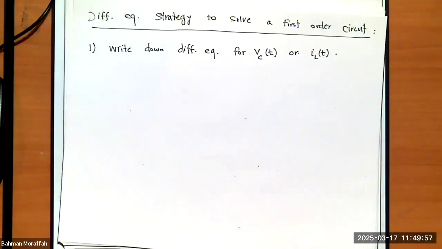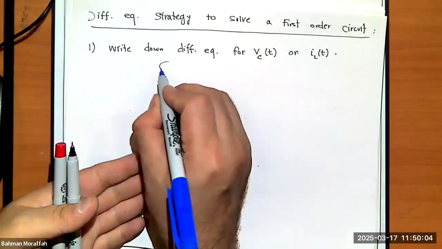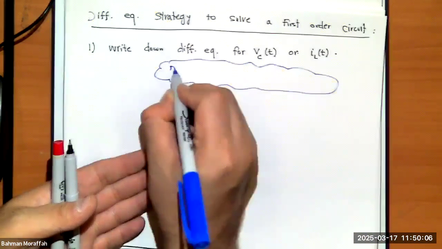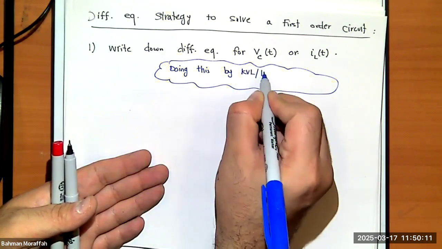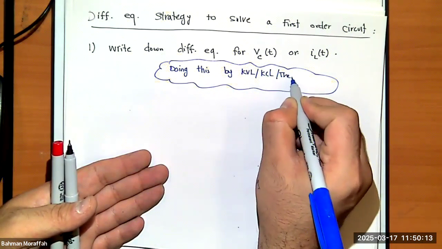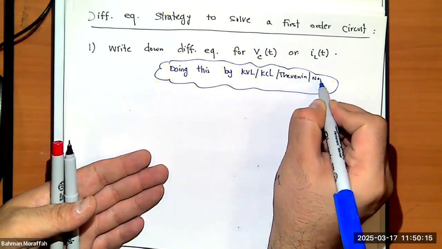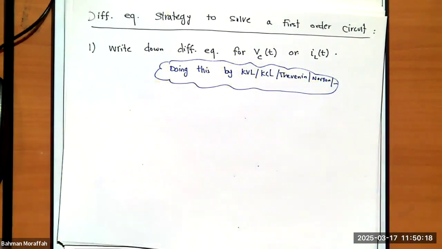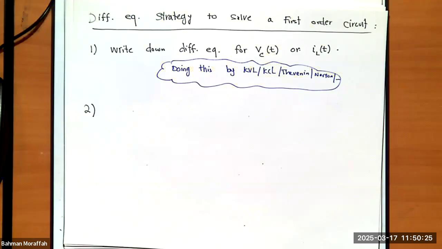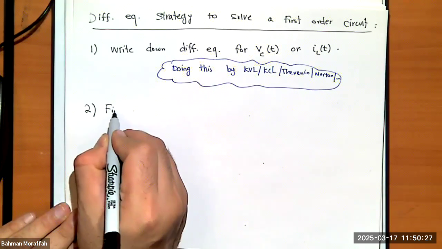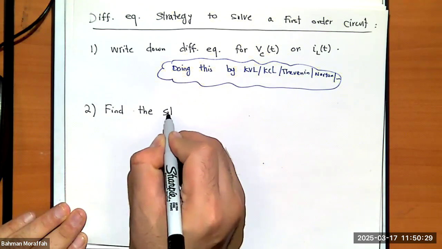How do we do this? We're doing it using KVL, KCL, Thevenin equivalent, Norton equivalent, all those methods that we learned. So doing this by KVL, KCL, Thevenin, Norton, or any method, right? Second step is to find the steady state conditions.